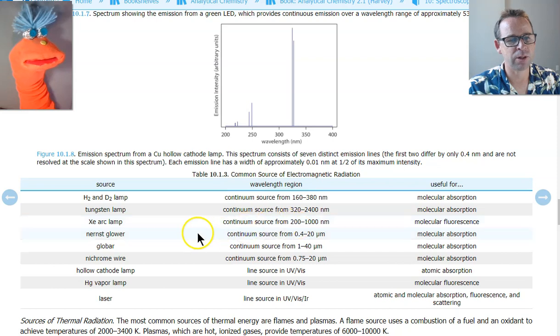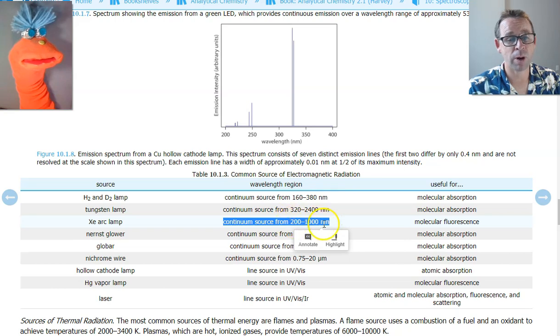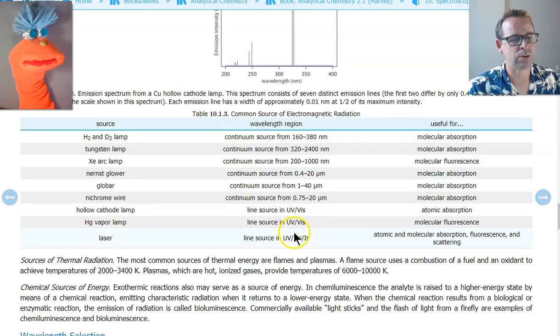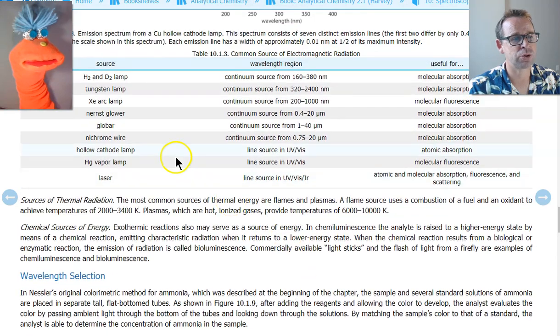However, it's good because these xenon arc lamps last for a very long time, and they can give a source that's very wide, right along the visible and ultraviolet range, and all the way up into the near IR. Okay, so different sources of our electromagnetic energy.